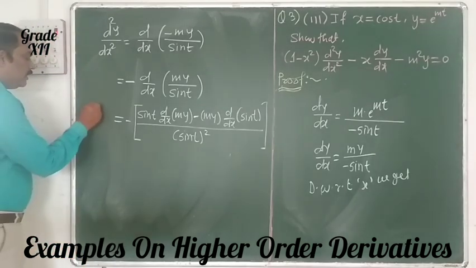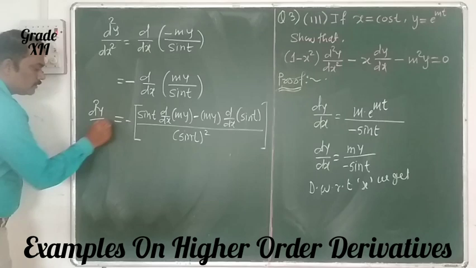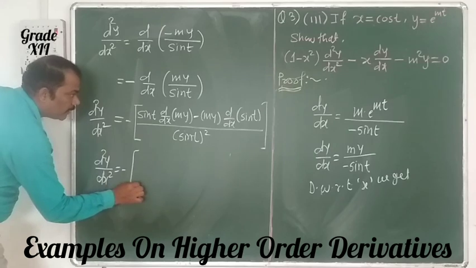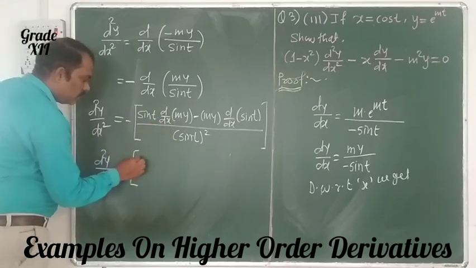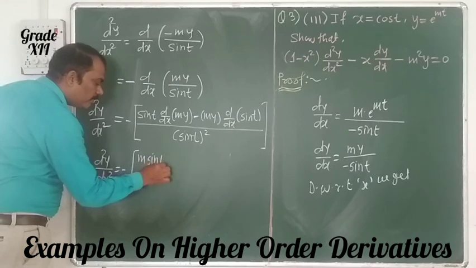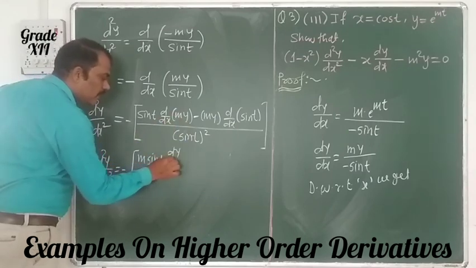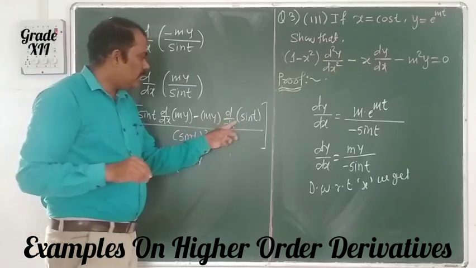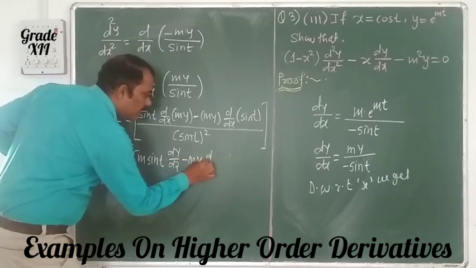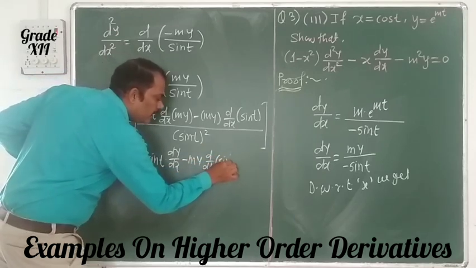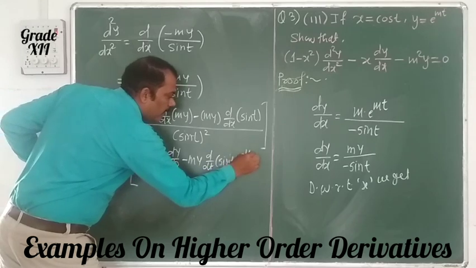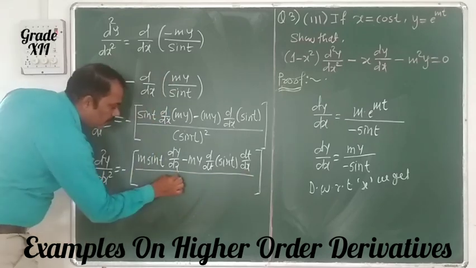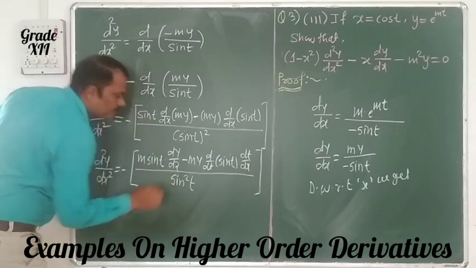That is nothing but d²y/dx². So d²y/dx² is equal to minus into bracket. Here m is a constant, so we take it outside: m sin t into the derivative of y with respect to x, dy/dx, minus m y. Here d/dx of sin t can be written as d/dt of sin t into dt/dx, divided by sin² t.